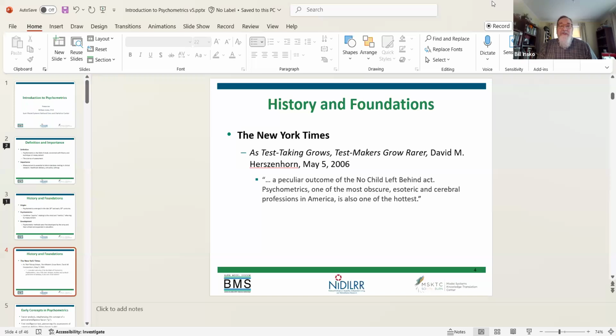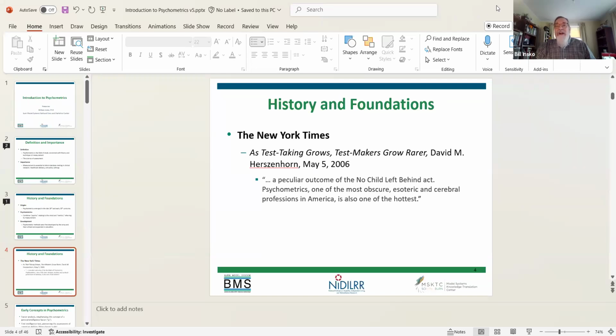About 20 years ago, the New York Times talked about psychometricians in one article: "As test taking grows, test makers grow rarer. A peculiar outcome of the No Child Left Behind Act: psychometrics, one of the most obscure, esoteric, and cerebral professions in America, is also one of the hottest." I've never been called hot before.